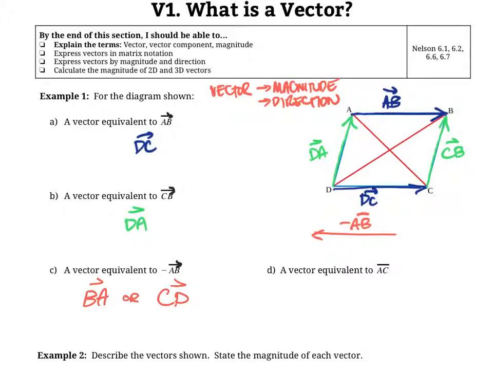And what is a vector equivalent to AC? Do we have any more colors? Yeah, let's use yellow here. AC is this vector that goes down like that, right? You'll notice if I grab AC here, if I select it and move it around, are there any other places that we can create an AC vector, a vector with the same length and direction as that?